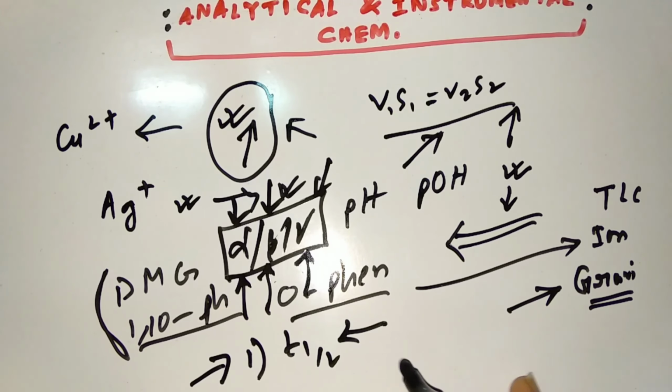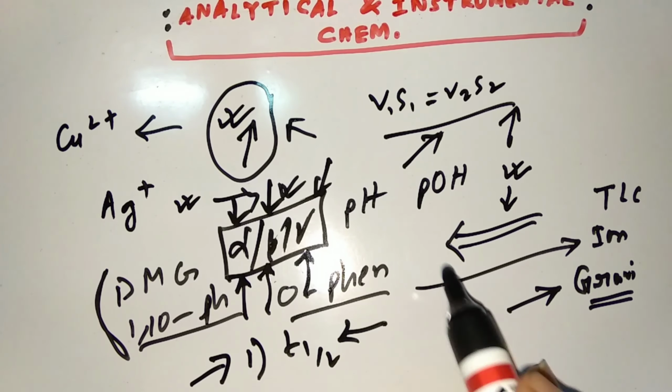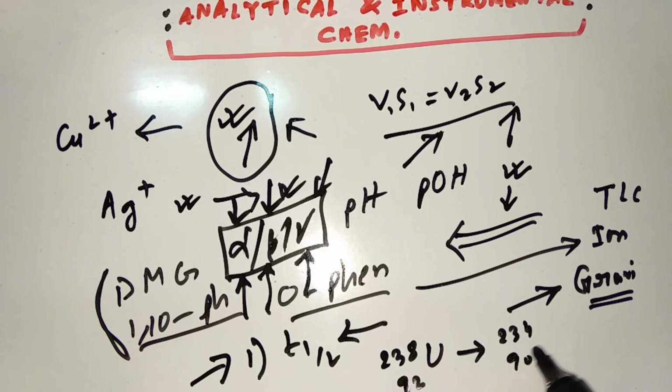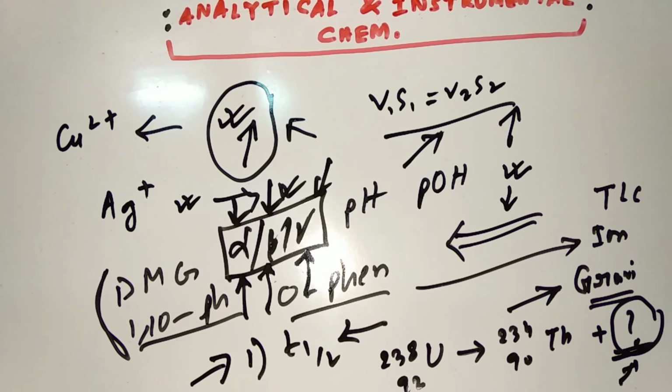For example, let's take a question. I will give you a question. The question is like this: uranium 238, 92, gives thorium 234, 90, plus you have to fill up this blank position. So what will be the other species?